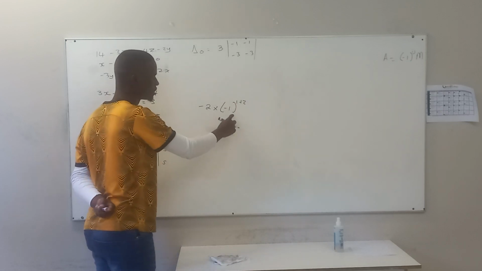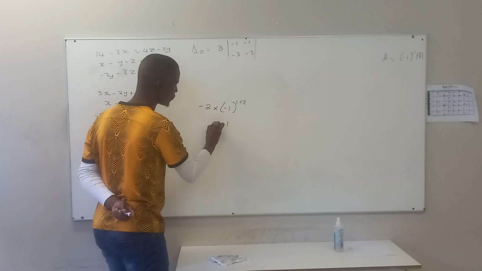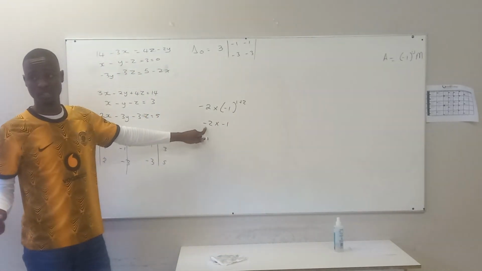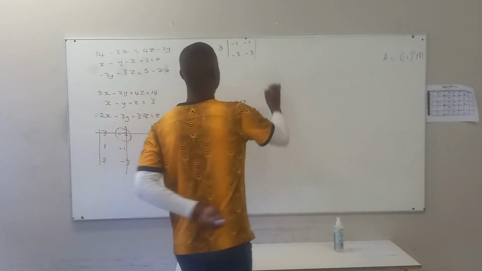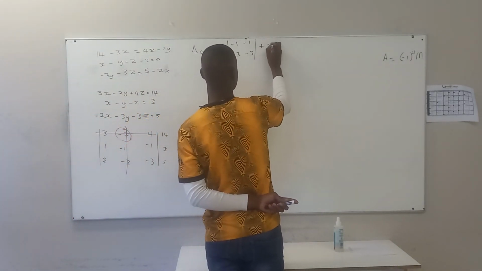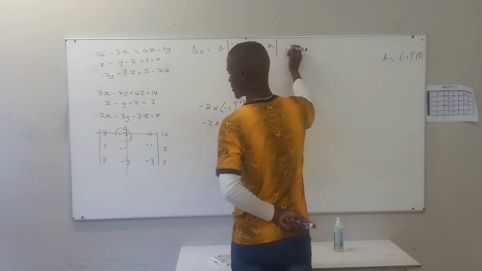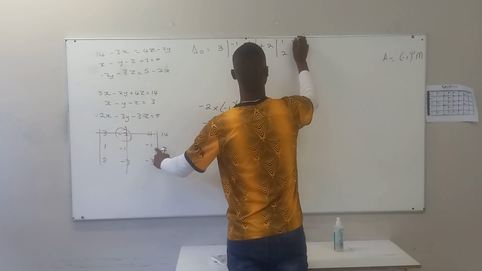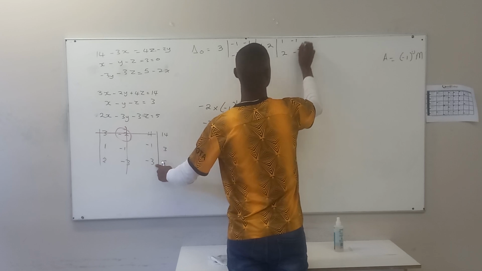This is going to give you negative 1 multiplied by negative 2. Then you'll end up getting a positive number. So we say plus 2. And then the minor is 1, 2, negative 1, negative 3.